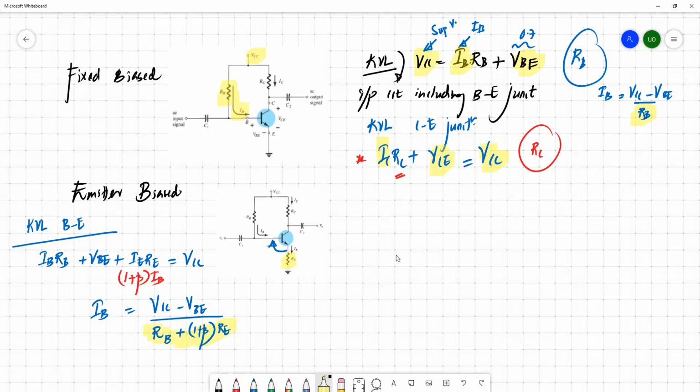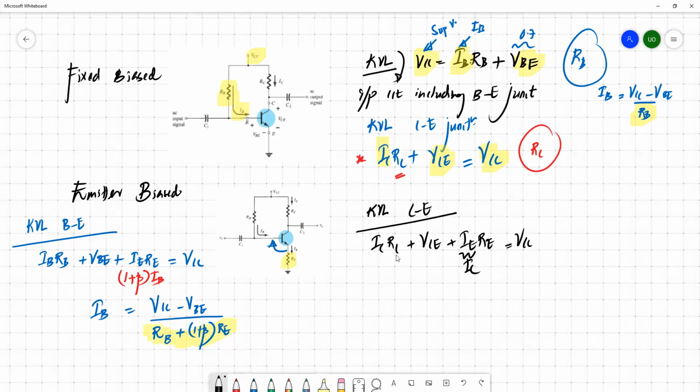So this RE, if you apply the Kirchhoff voltage law for the collector emitter junction, then we can simply say that IC RC plus VCE plus IE RE equals VCC. For the time being, let's assume IE is pretty much equal to IC.